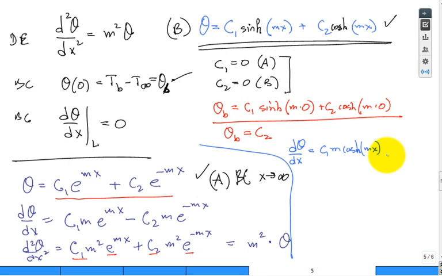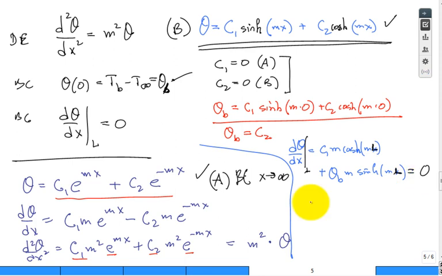And then I'm going to write it down here. Plus C2 is theta b. So we'll use that. M times the sinh of mx. We apply this at where? L. So this becomes L. This becomes L. And what does that have to equal? 0.